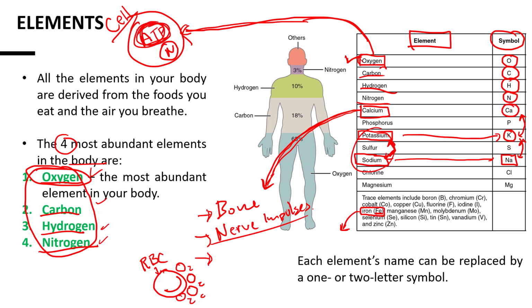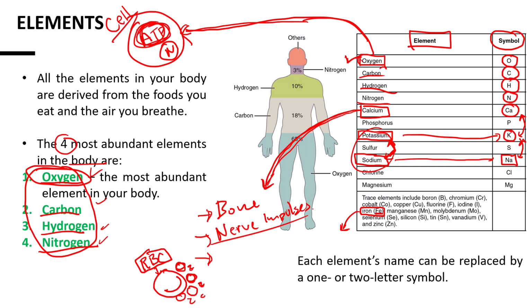So we breathe oxygen. Air with oxygen enters the lungs, and then there is a gas exchange in the alveoli of the lung, and oxygen passes from the lung into the blood. Specifically, the red blood cells are the ones that carry the oxygen to deliver it to the tissues.